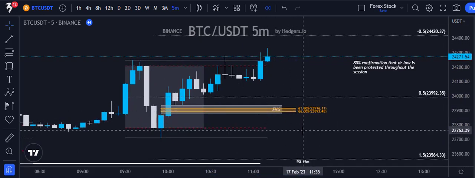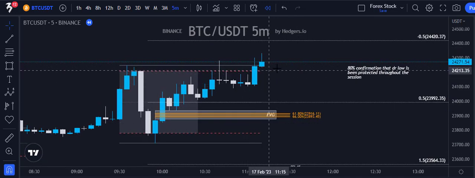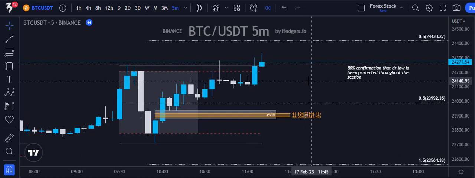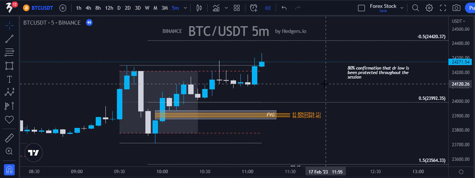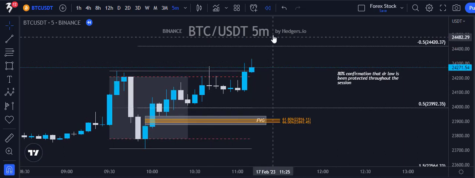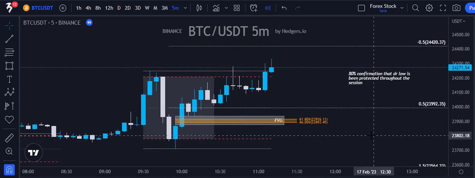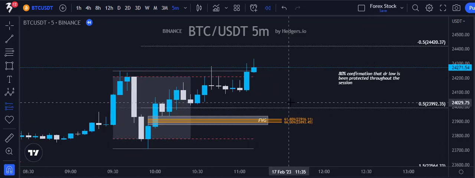So this is my high probability trade to take, because I know, with 80% confirmation and a well-informed decision, that IDR has been taken out and the price is going to the upside, and lows have been protected. So now the next step is you have to mark your risk management.